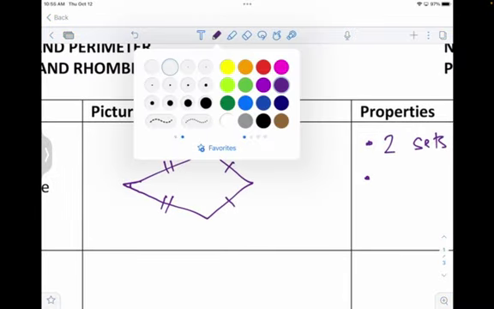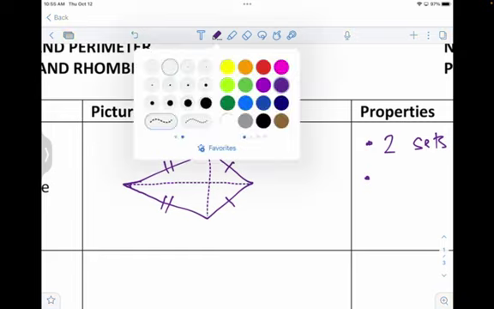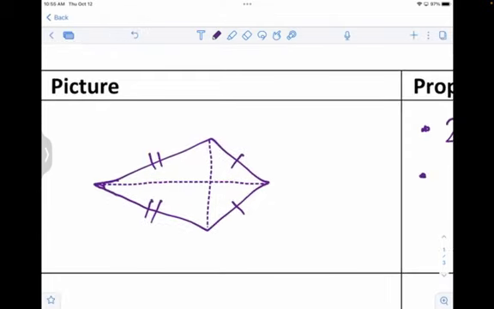Hang on, I'm going to be fancy. If I draw some dotted lines here, now it actually looks like a real kite, doesn't it? Like the kite that you fly. If I draw those two dotted lines, they are perpendicular. What does perpendicular mean?